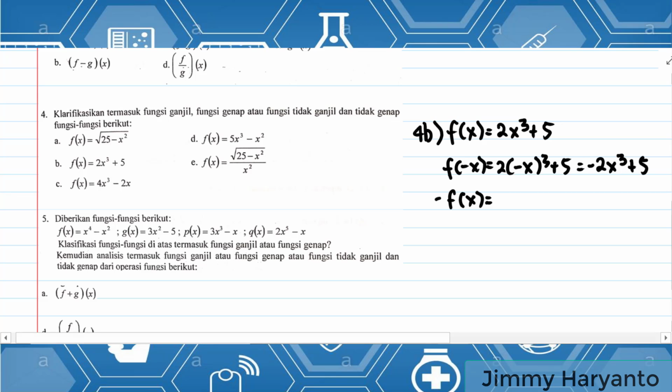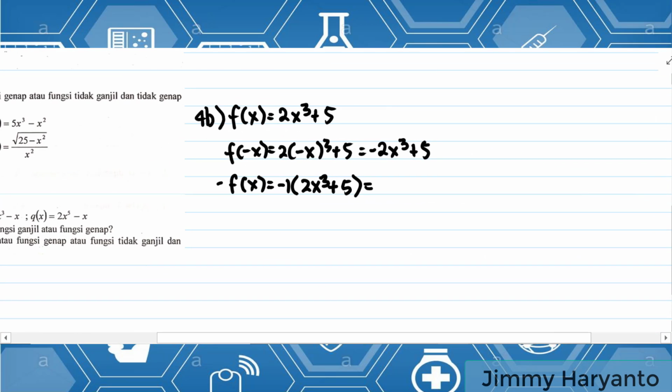That means you have to multiply negative 1 with the f(x), negative 1 with 2x cubed plus 5. When you multiply it, it will become negative 2x cubed minus 5. So the first one and the second one are not the same, so it is not an even function.